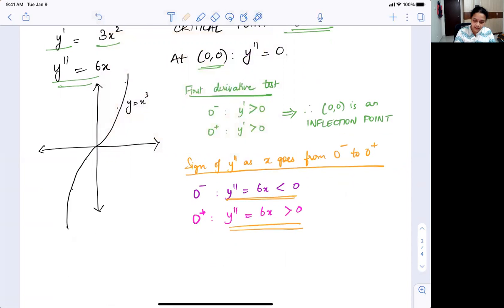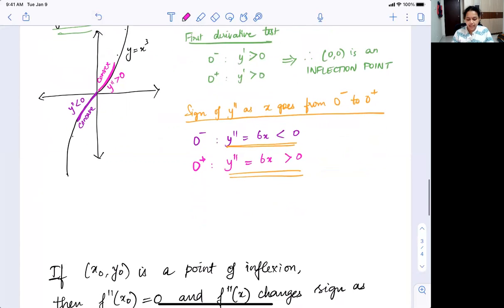And can we see that in the graph? To the left of 0, this part of the curve, my y double prime is less than 0 here. It is concave. And in this part of the curve, my y double prime is greater than 0, so it is convex.